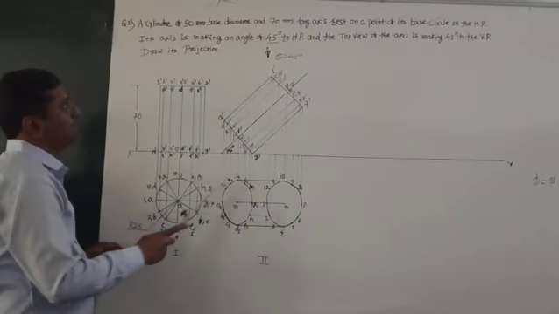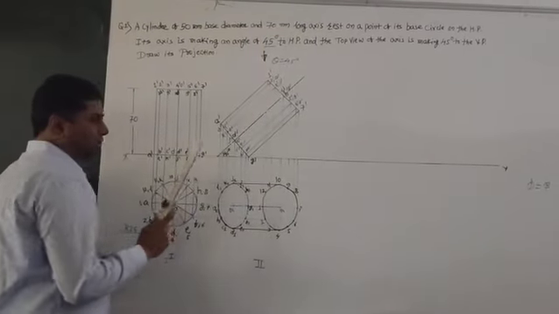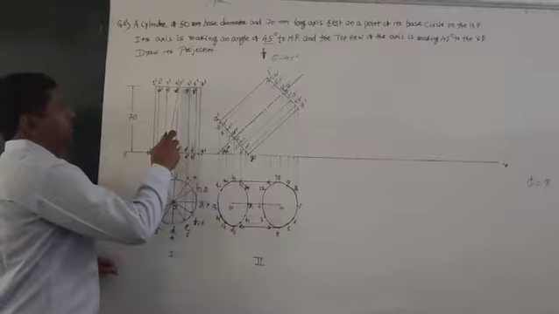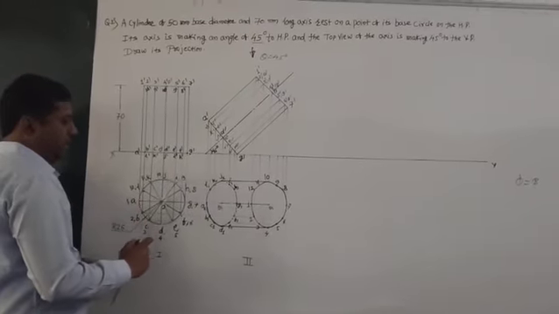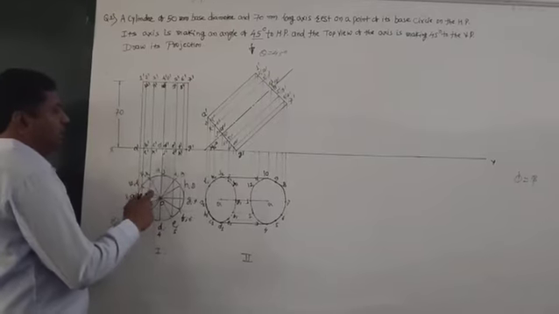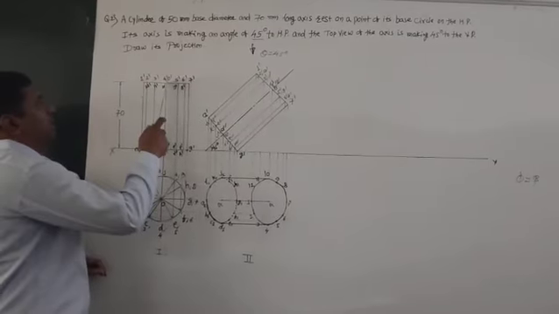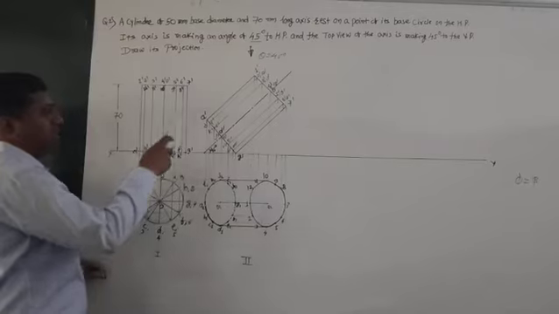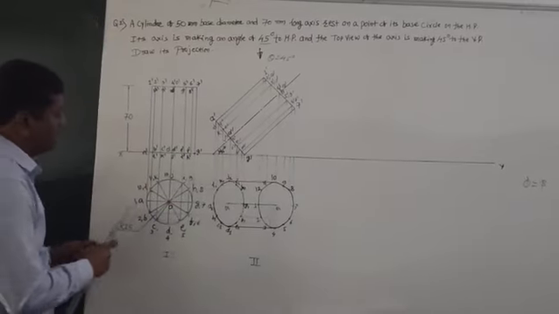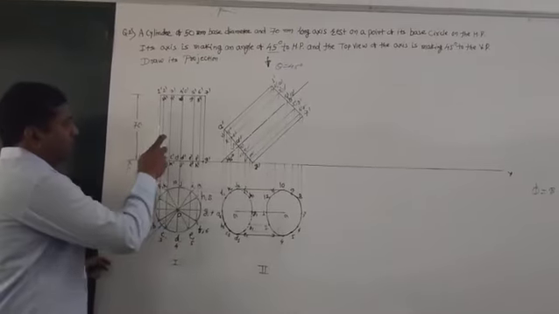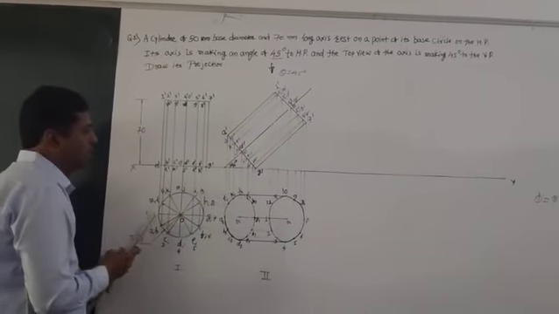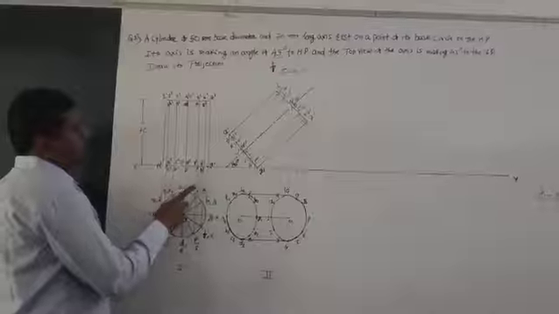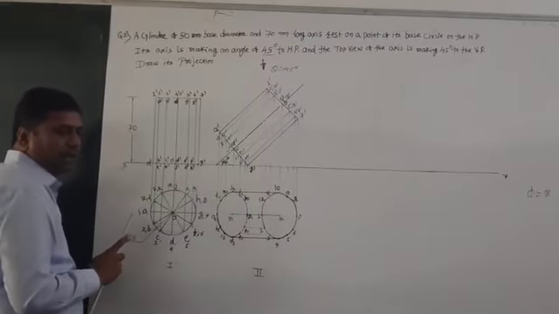What is the axis size? 70 mm long axis. So from here take 70 mm. Then you know this distance and this distance is the diameter, so this is radius 25, 25, and here also 25, 25. Just draw a rectangle. Then from each point draw a generator, so you have to show the generators on the cylinder. Then after that, give the names.